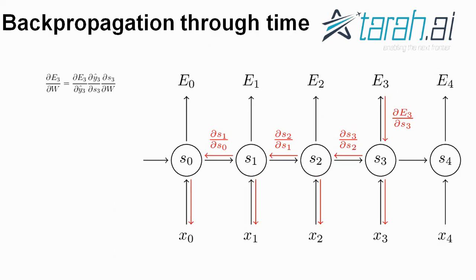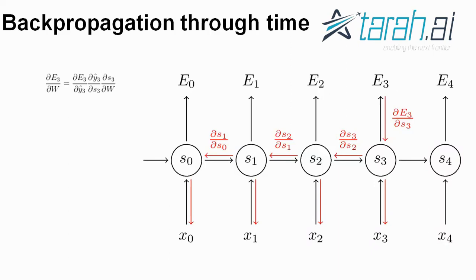But here, it is as good as taking the differential of error at 3 with S3, then multiplying it with delta of S3 with S2, and delta of S2 with S1, delta of S1 with S0.